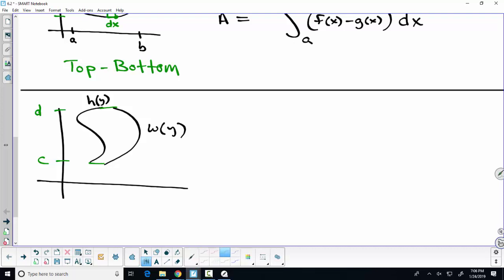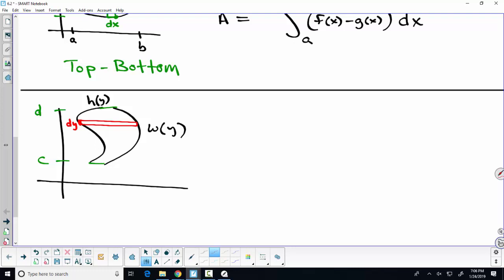Except we're no longer slicing the region this way, we're slicing the region this way. So each individual rectangle would come through here like this. Now all rectangles there have a thickness in the y direction. That's super crucial, I think.